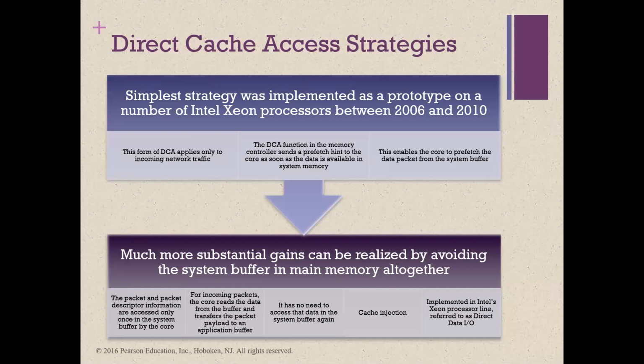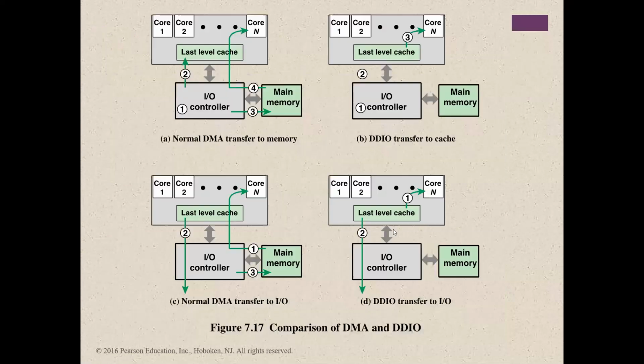A more complete version of this is implemented within the Intel Xeon processor line, and is referred to as direct data IO, DDIO. Okay, this is the diagram for it. I'm not going to spend more time on it. So I'll just proceed to some evolution and try and wrap up.